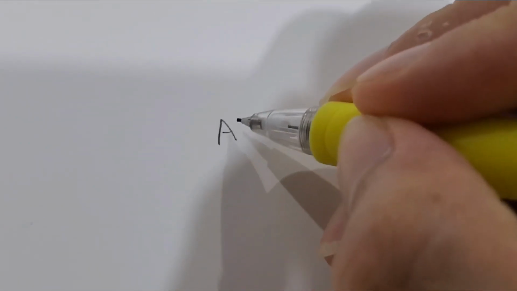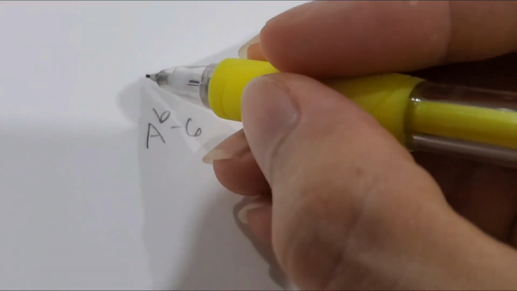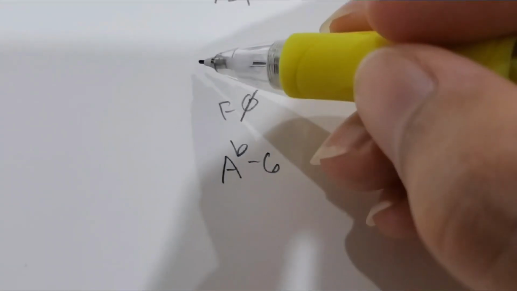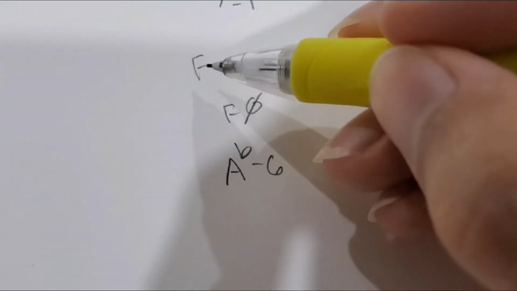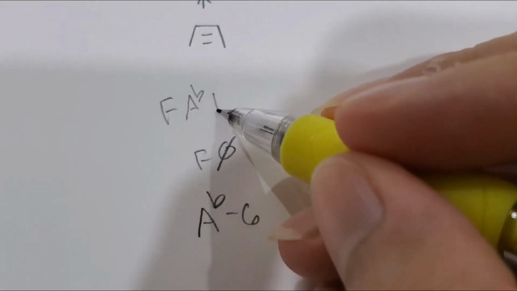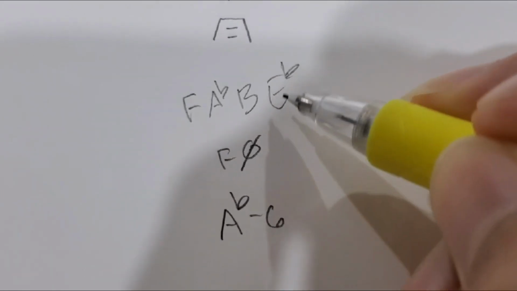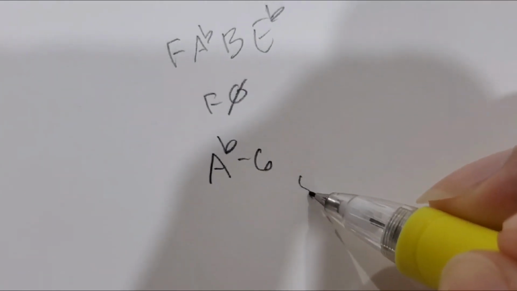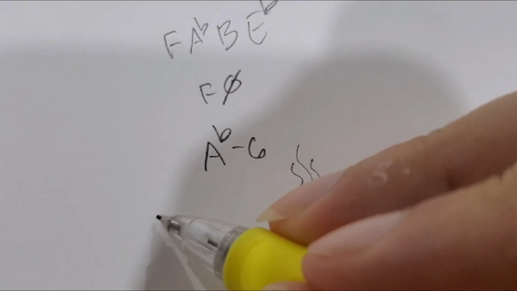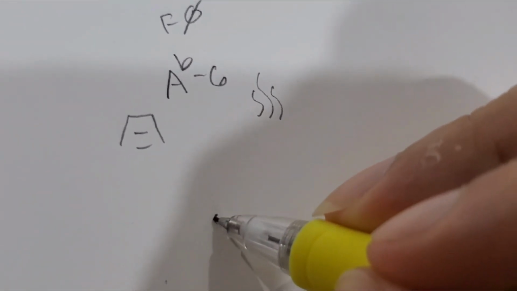All right, let's do one more. Let's do A flat minor 6, also known as F half diminished. This chord has 3 fire notes: F, A flat, and B, and it's got 1 earth note. Let's put fire over here, earth over here, and then wind down here.